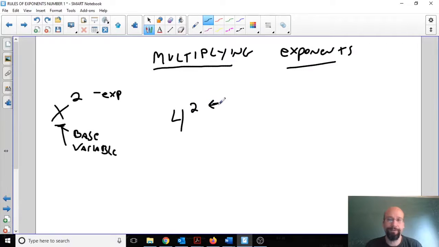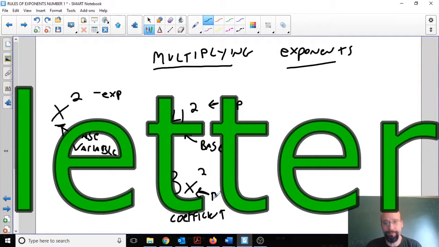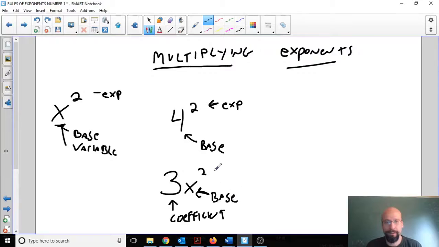The 2 is still your exponent, and the 4 is your base. Whatever has an exponent, it becomes your base. If we added a number in front of the x, this number here is the coefficient. This number here is your base. And this number is still your exponent.